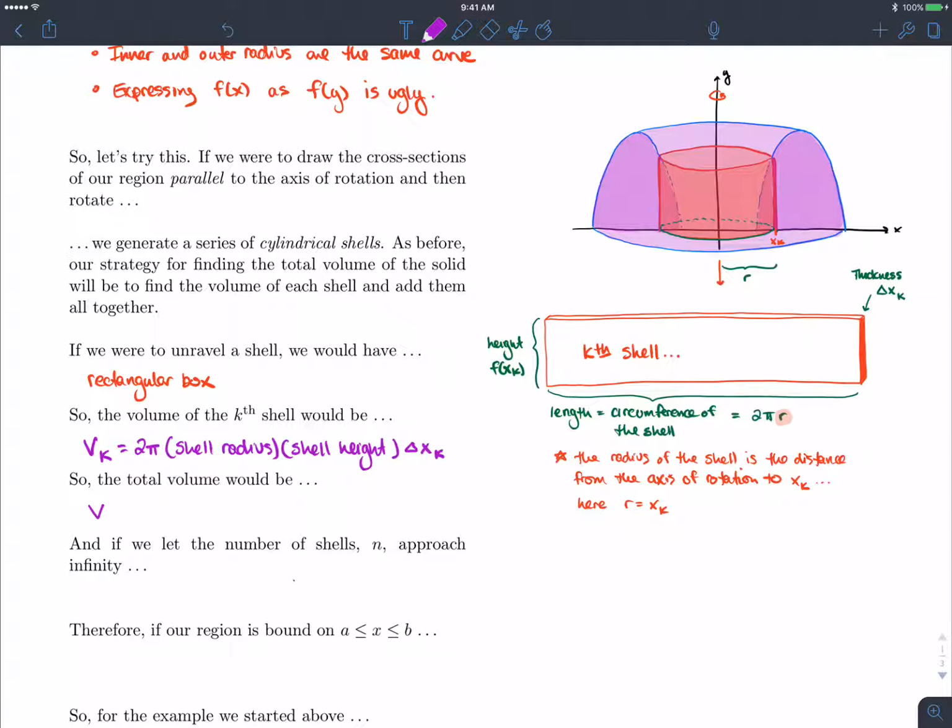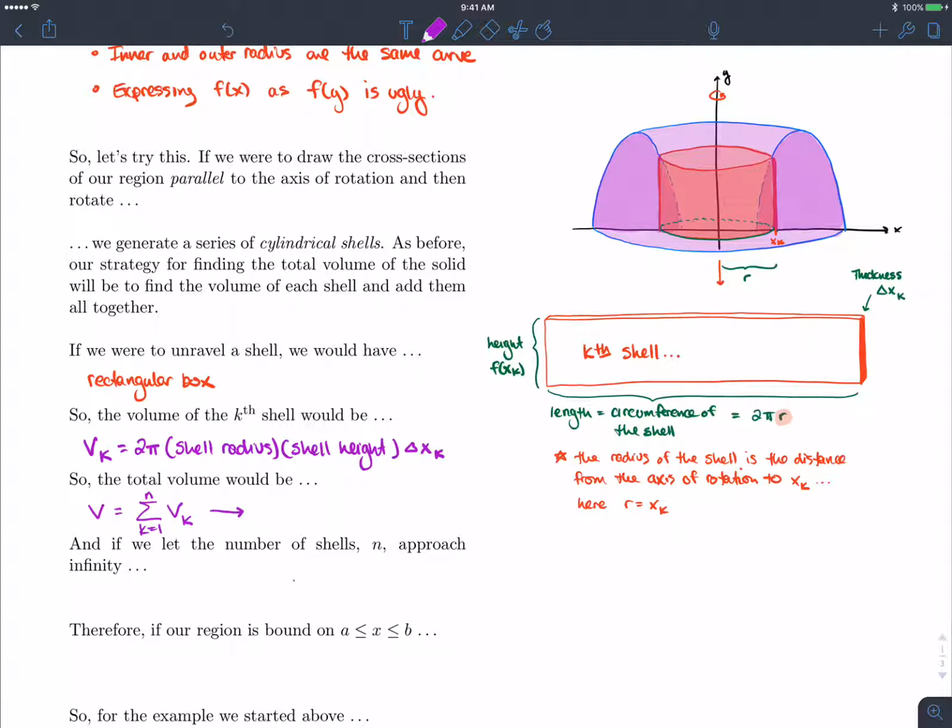So the total volume V would be the sum from k equals 1 to n of all of these volumes. If we've got n shells, that would have us adding them all up. And we kind of know where we're headed with this.